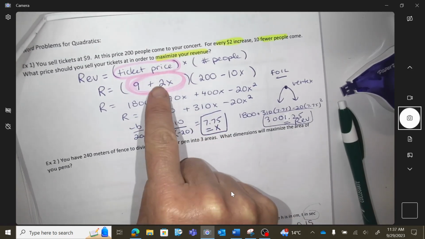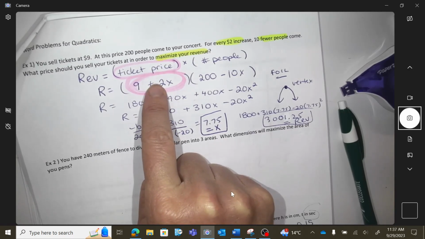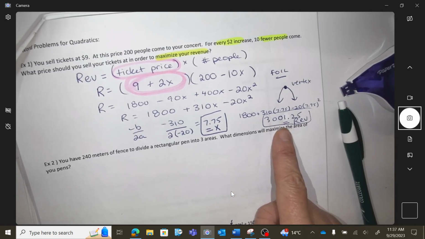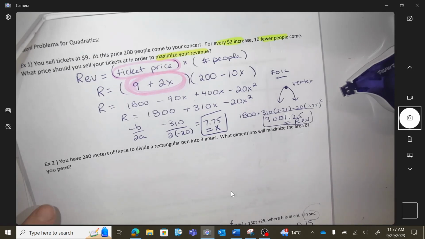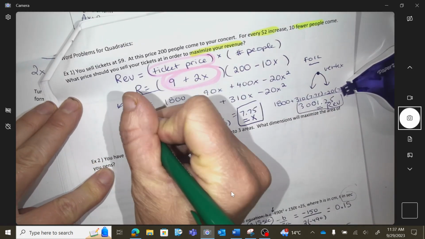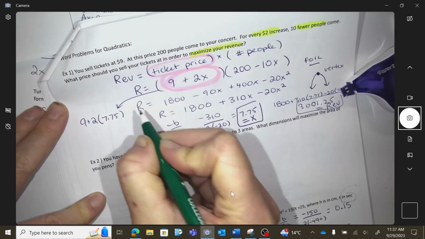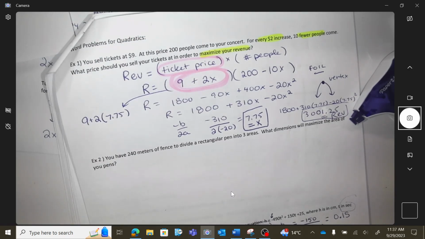So this X number can go into that bubble. Ticket price. Okay, if I asked you what's the largest revenue, boom, that would have been your answer. But I didn't ask you that. What's the ticket price? So the ticket price is 9 plus 2 times, and then I'm going to plug the 7.75 in there.